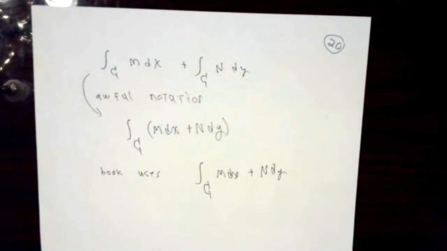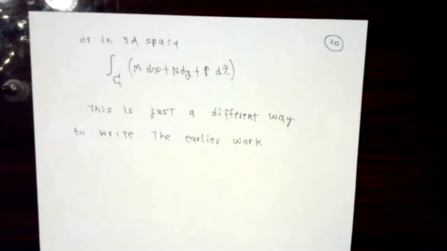Many times in textbooks, though, they will omit the parentheses, making this much more mysterious looking than it actually is. And of course, in 3 dimensions, you can write something similar, except you'll have to have the z component part of the force.